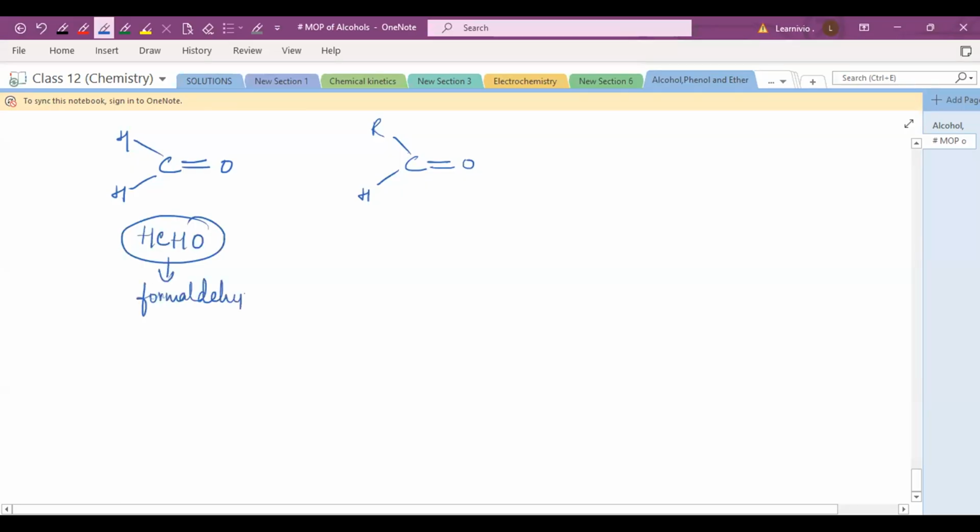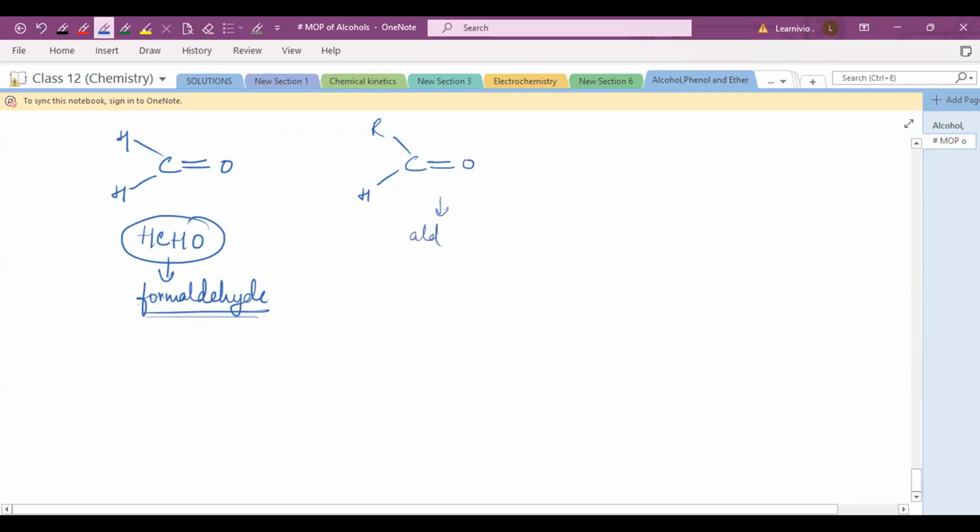So we will see one by one what the reaction will be when you treat the Grignard reagent with formaldehyde, with other aldehydes, and with ketone. What will be the reaction and what will be the mechanism? We will see one by one. This is your general aldehyde.